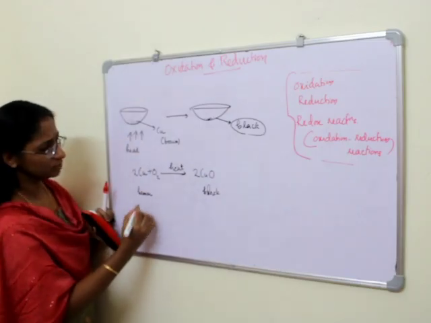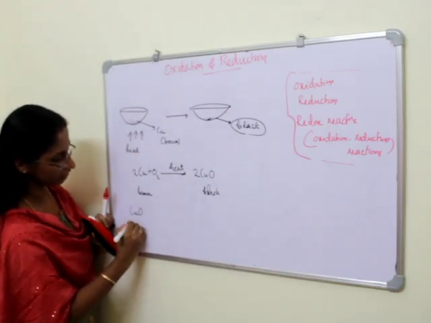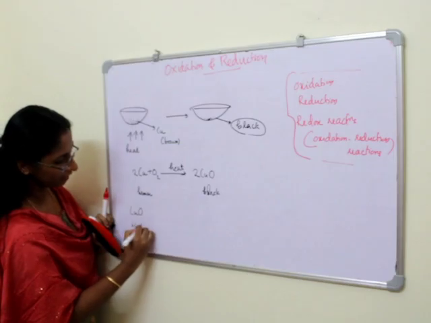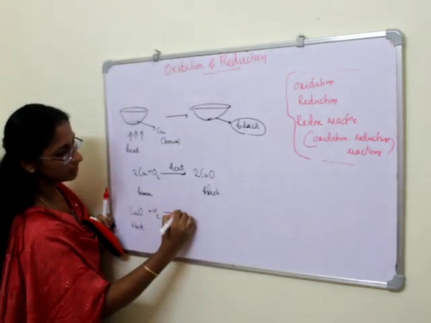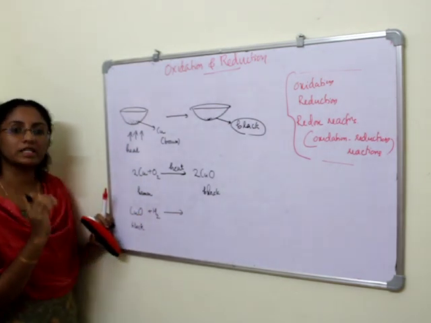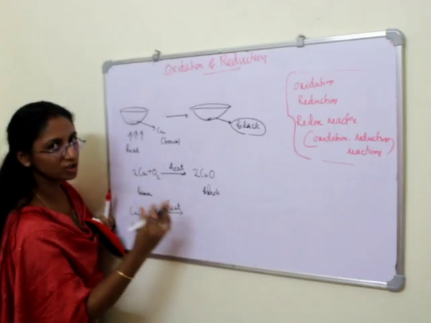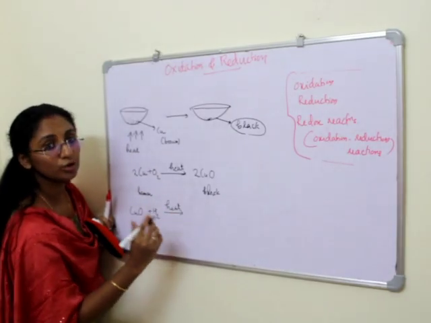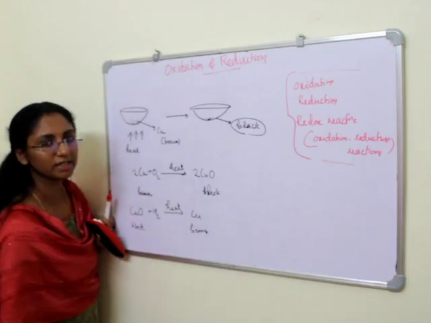Similarly, if we take this copper oxide, the color of this copper oxide is black, right? And when we are passing hydrogen to this copper oxide, what will happen? If we pass hydrogen gas to this copper oxide, the color will again change from black to brown. The brown color is due to the presence of copper metal, right?